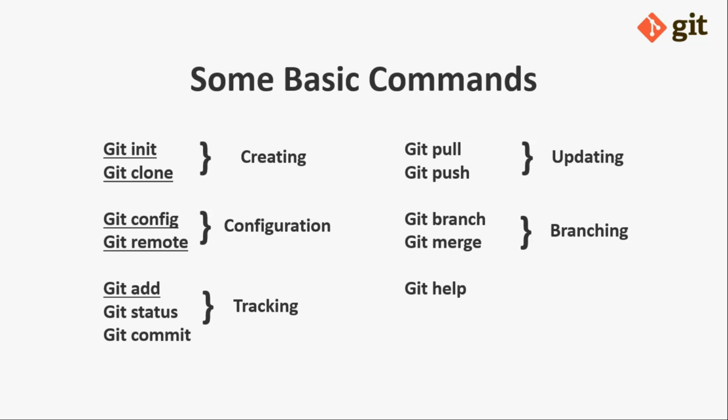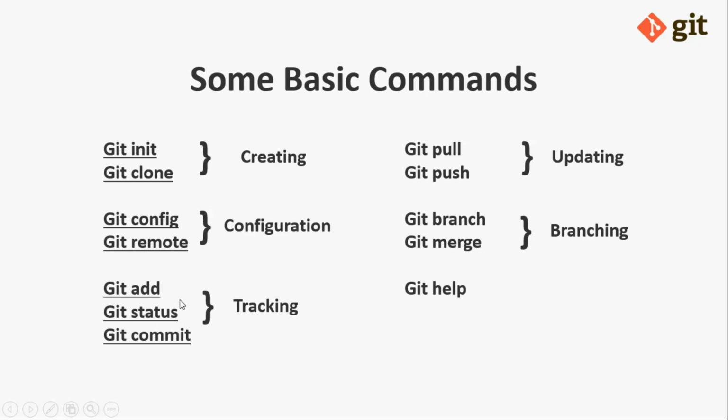Then we have git add, git status, and git commit. These I have put under the tracking commands. Now these three sort of represent the actual workflow of Git, in that when you add a new file to your Git repo, you use the git add command, and then once you have done that, it is added to a staging area.